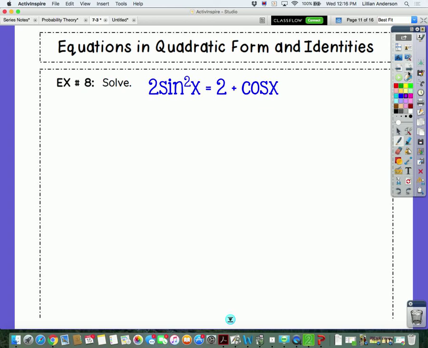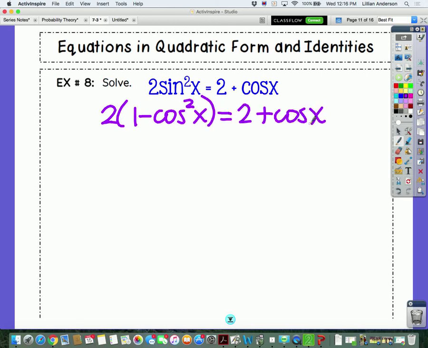You can do 2 parentheses 1 minus cosine squared x equals 2 plus cosine x. You can use that Pythagorean identity to replace sine squared x with 1 minus cosine squared x. And by doing that, you now have one trig function that you're working with instead of 2 different ones.